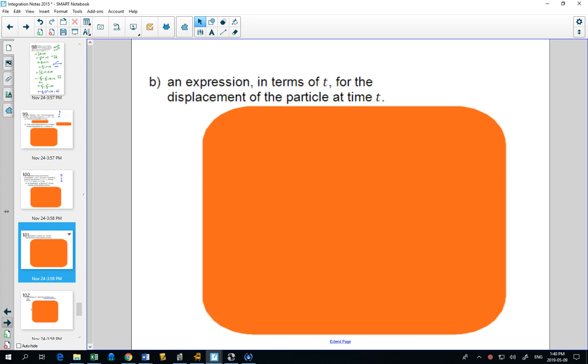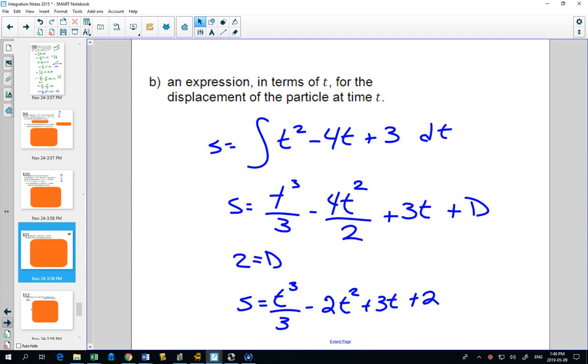For the displacement, we can integrate our velocity. Since we used c in part A, I'm going to use d here in part B. And the initial displacement was 2, so we can figure out that d is equal to 2. Good.